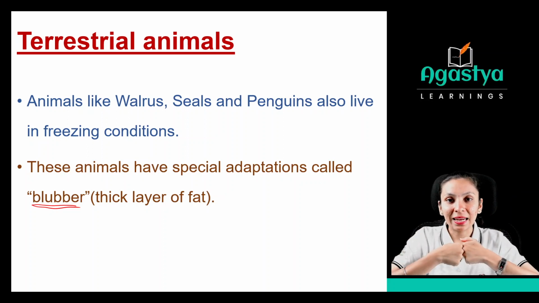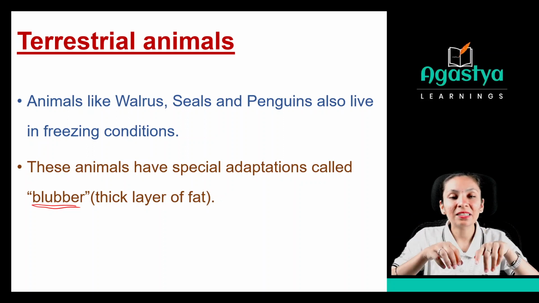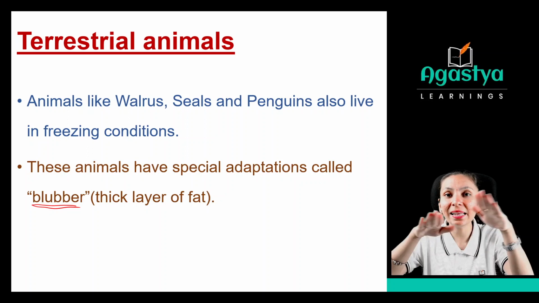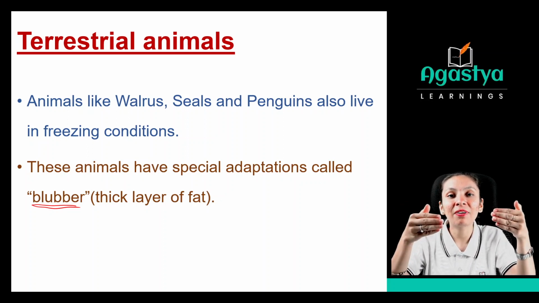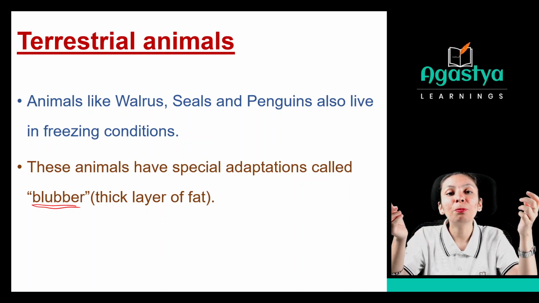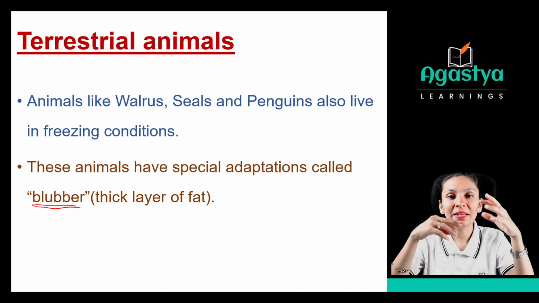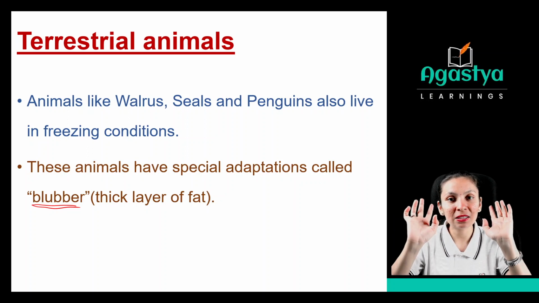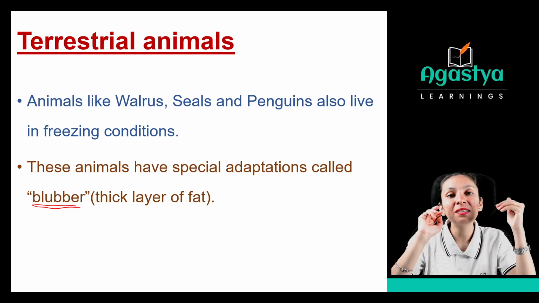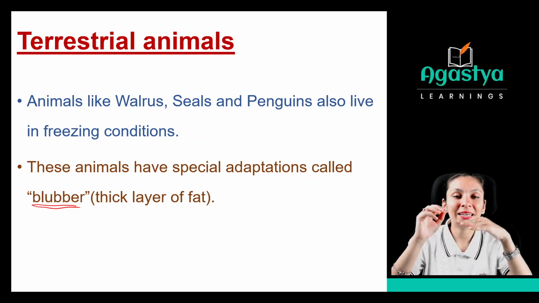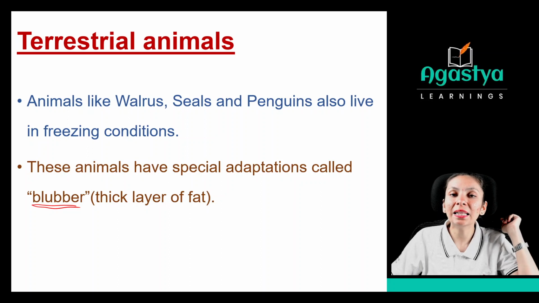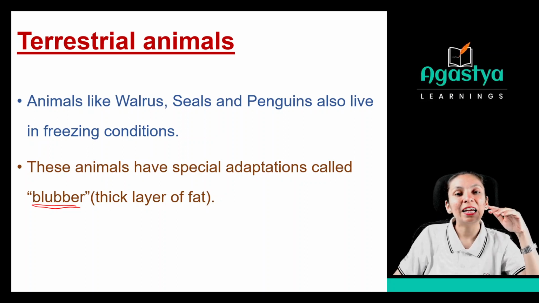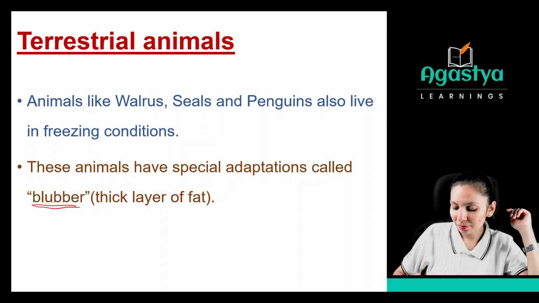As we wear jackets so that we don't feel that much cold, these animals naturally have a thick layer of fat so that they don't have to run to protect themselves from the cold, because anywhere they go it will be a cold region, right? So for that purpose they have the blubber adaptation, a thick layer of fat on the skin, so that they will not feel that much cold. It will keep them warm.